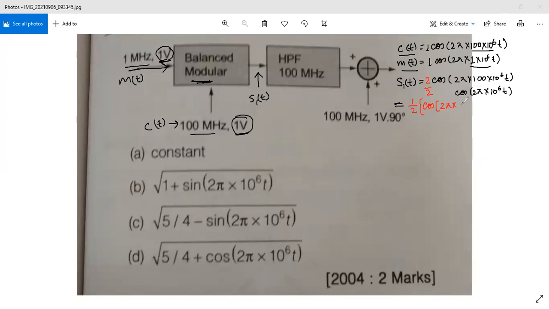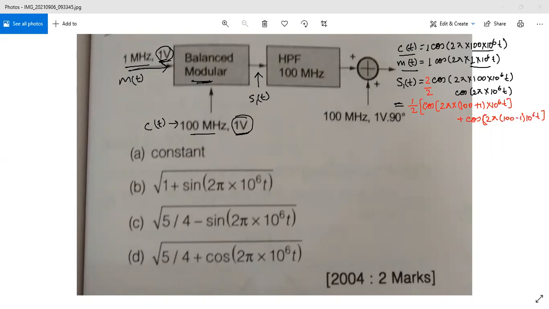A plus B करेंगे तो 100 plus 1 होगा into 10 to the power 6t. A plus B का वैल्यू ये आ गया, plus cos A minus B. A minus B करेंगे तो we will have 2 pi into 100 minus 1 into 10 to the power 6t.